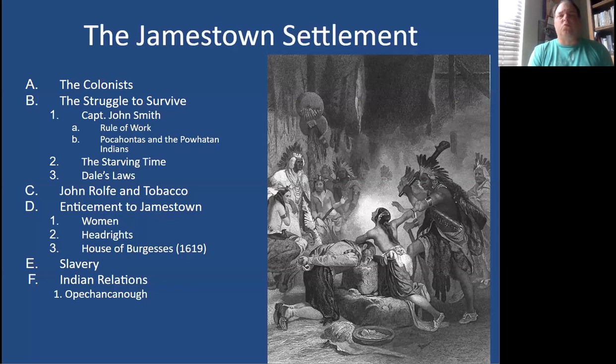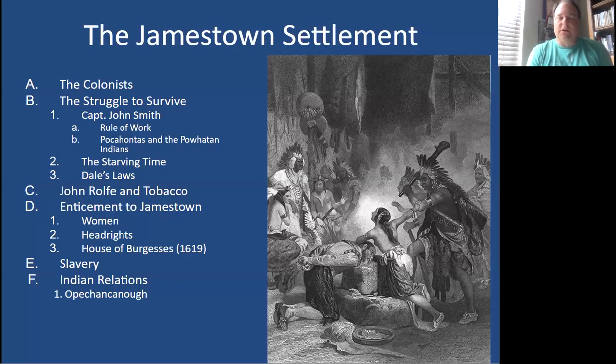John Rolfe had to write a letter explaining that his intentions were good, that he wants to help bring Christianity to the natives. This will help save her soul. He could not explain it just that I really think she's hot. He couldn't say this is just satisfying my sexual desire because that would have been a losing prospect in an English colony.